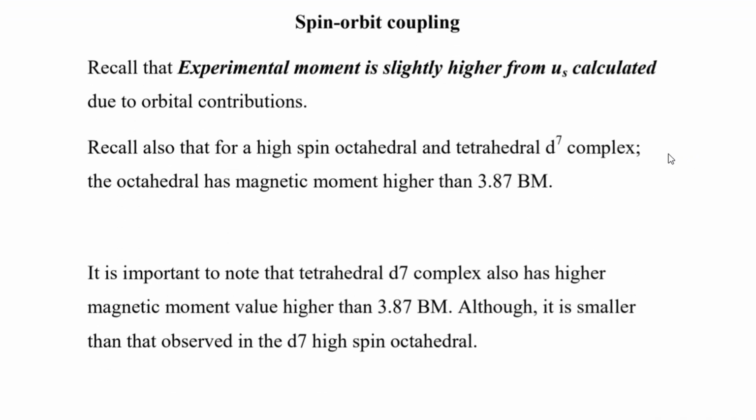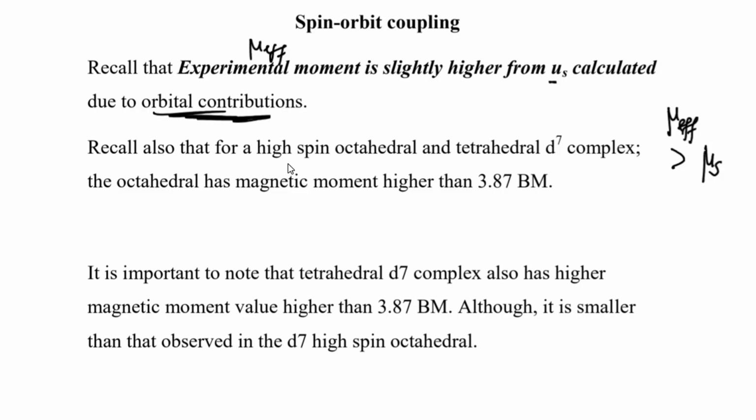Alright, so having said that, when there is orbital contribution, the effective spin will be greater than the spin-only magnetic moment. And recall that the experimental moment is slightly higher than this calculated value due to orbital contribution.